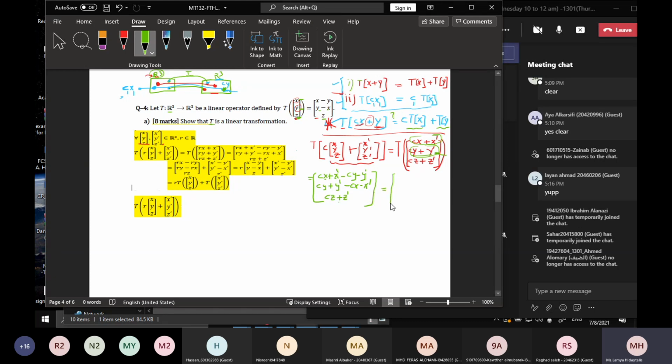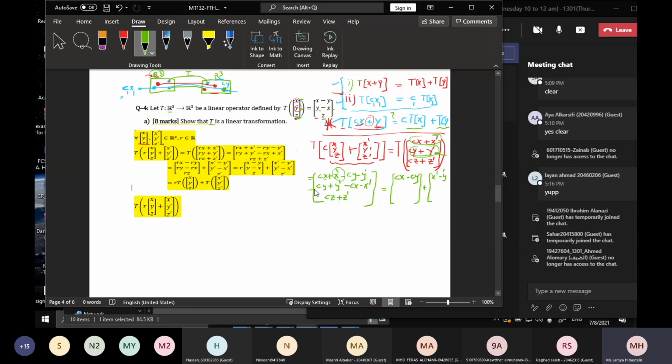What is the first vector? It is the vector cx minus cy, plus the second vector, which is x dash minus y dash.